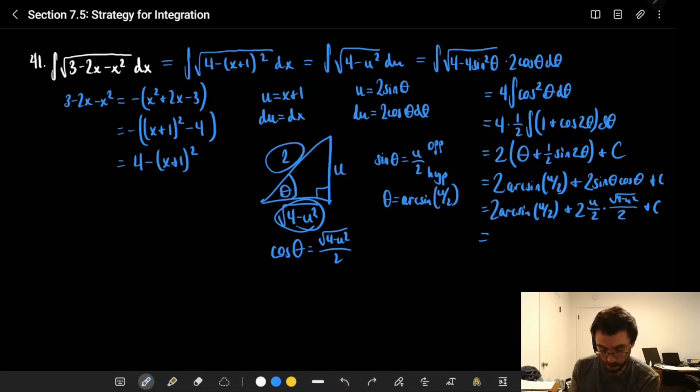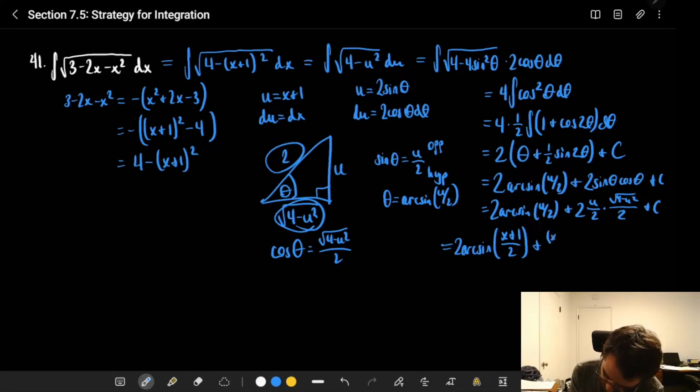So whew, it's a beast, but you get there in the end. Instead of u over 2, it's x plus 1 over 2. The 2's cancel here, but not there. So that's plus, call it x plus 1 square root 4 minus x plus 1 squared. And you still have 1, 2 hanging around.